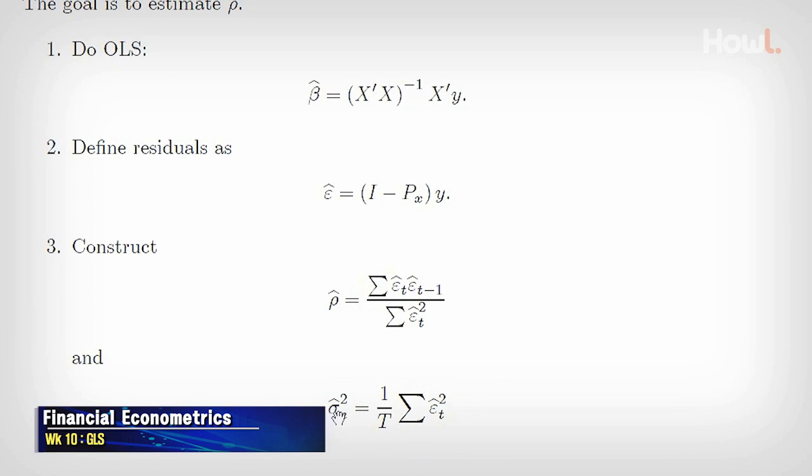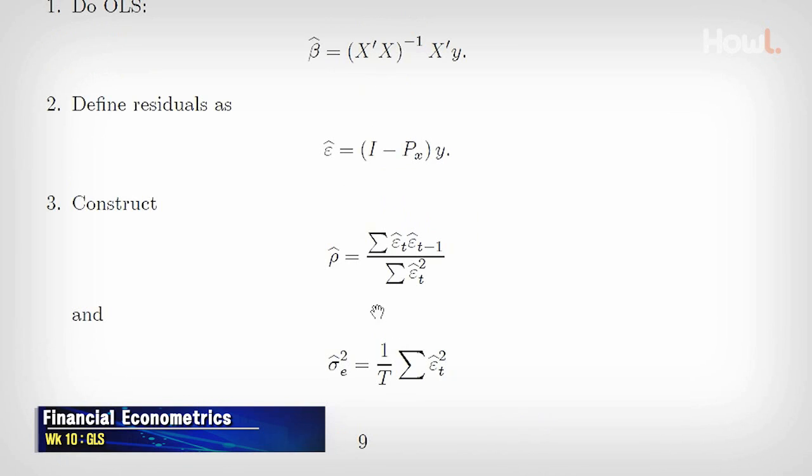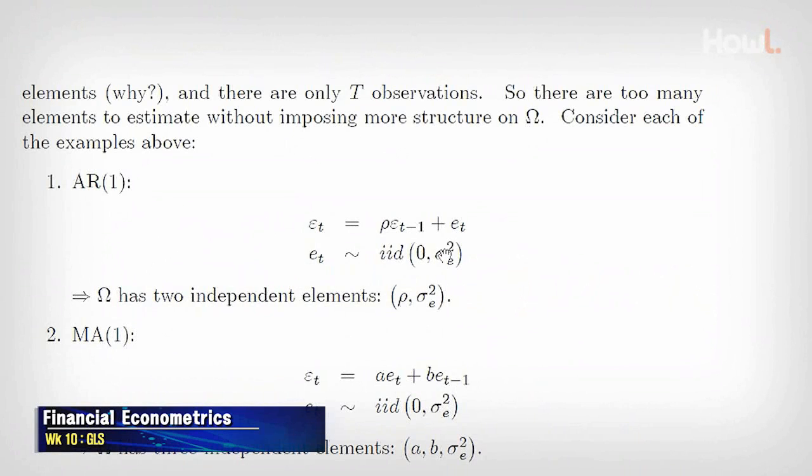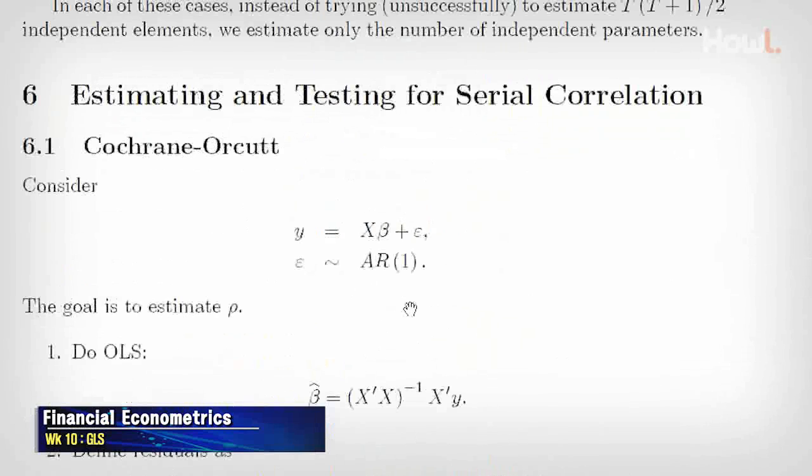And if we take this one and divide by T, then we have the variance of the white noise. So basically, based on these two, we can estimate the parameters, rho and sigma squared, using the Cochrane-Orcutt procedure.